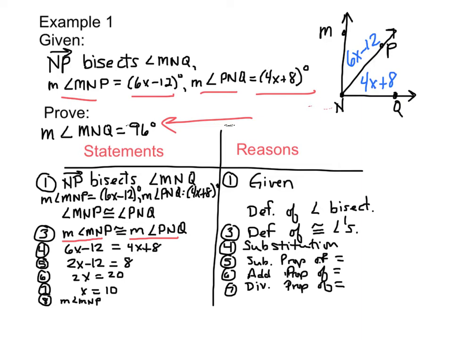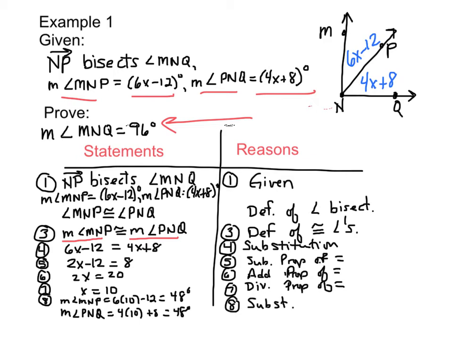So we need to find MNP equals 6 times 10 minus 12. And we can say the measure of angle PNQ is equal to 4 times 10 plus 8. And each of these, that would be 60 minus 12. 60 minus 12 is 48. And that's degrees. 4 times 10 is 40 plus 8 is 48 degrees. What did you do here?